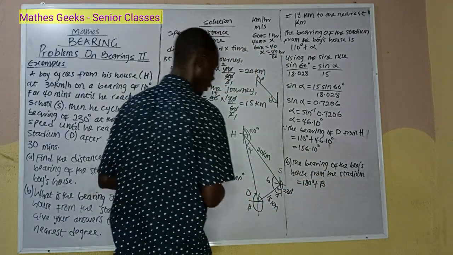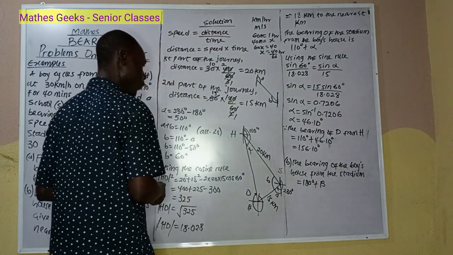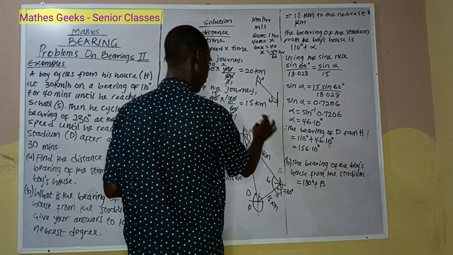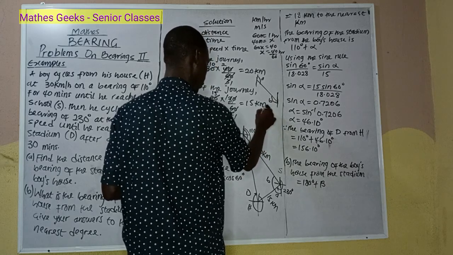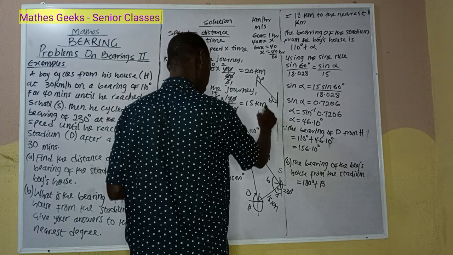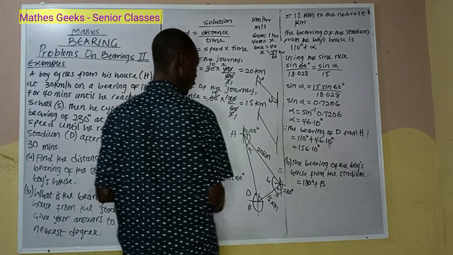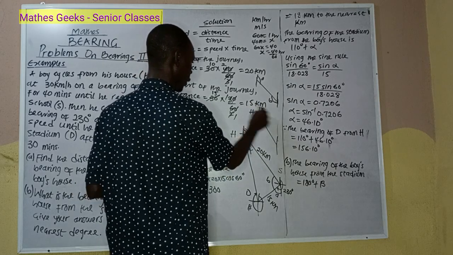So what is beta? Our focus now is to determine the value of beta. To get the value of beta, we're going to observe something else again. So this is what we have. Take note, this is H and then this is D.